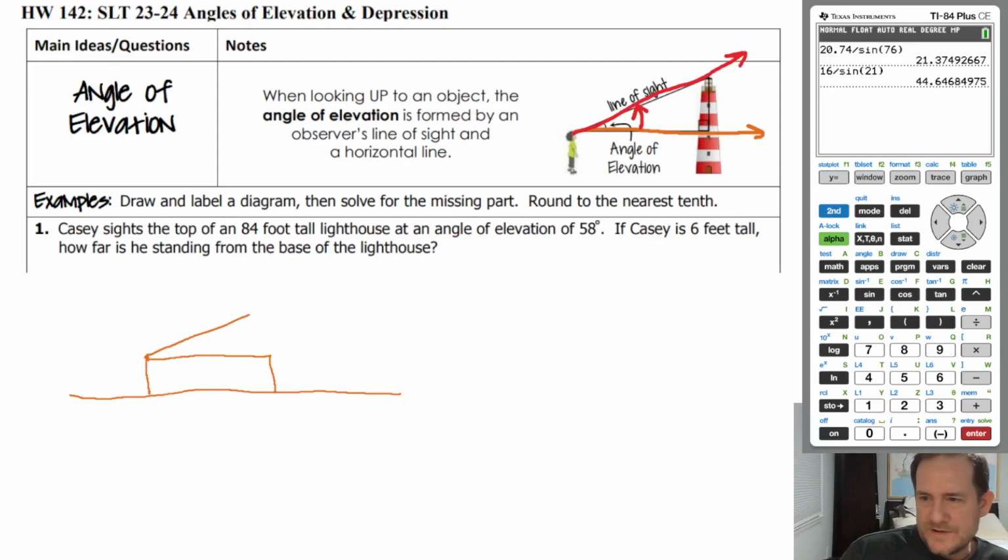Out to the top of the lighthouse, which I'll assume is here, the whole tower goes from the ground up to here, so that's the 84. Then we know the angle of elevation is 58, that's this angle here.